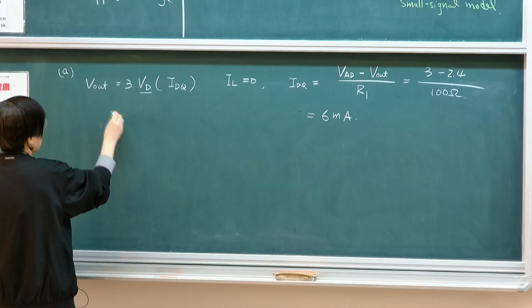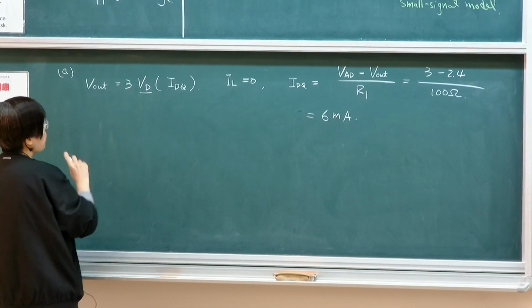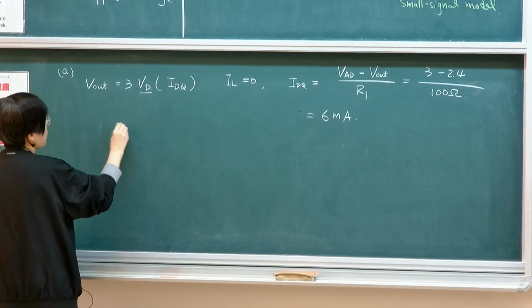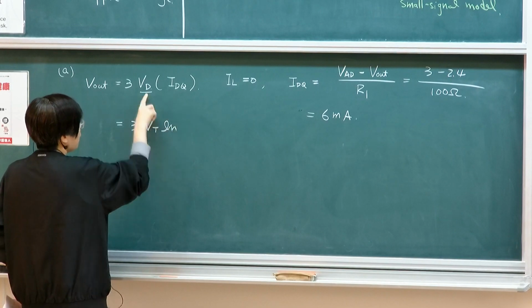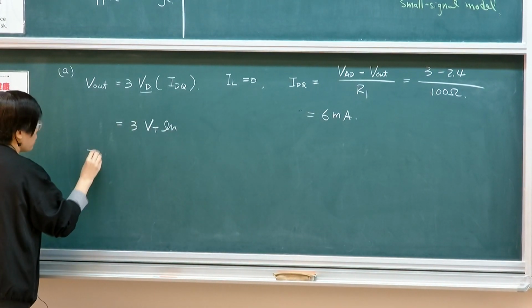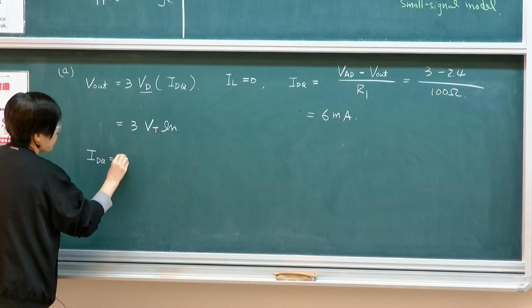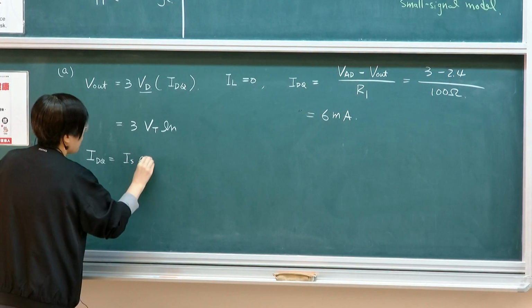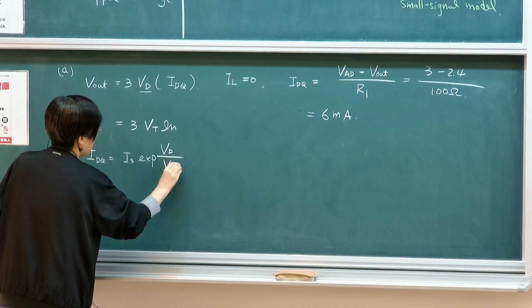So then we can determine the voltage-current relationship, because this will be 3 VT ln. What is the diode current using the exponential equation? Let me write it again. The exponential equation is ID equals IS exponential VD over VT.